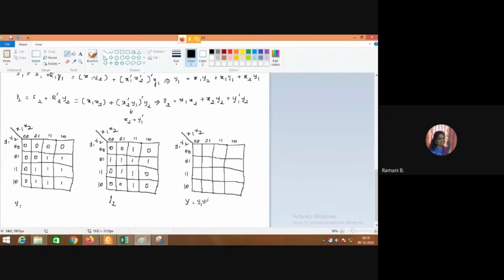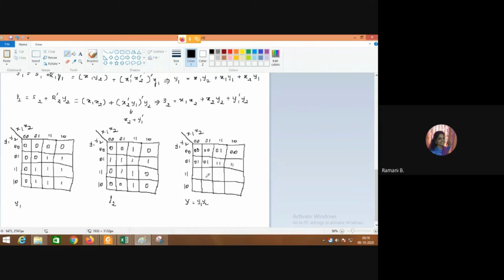Now combining both the maps, we write for capital Y. So comparing the corresponding boxes, the first box has 0, 0. Next is also 0, 0. Next we have 0, 1. Next we have 0, 0. Then for the second row, again same way, 0, 1, 0, 1, 1, 1, 1, 1.